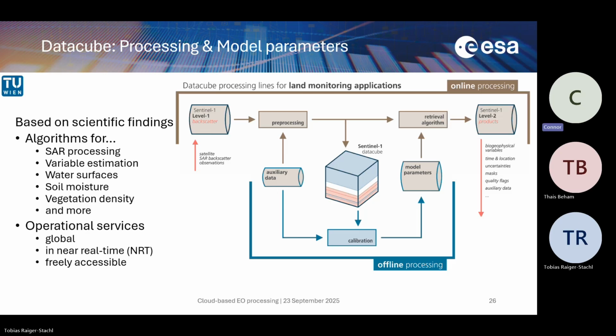And then we obtain a level 2 product. In the background we use offline processed data that we use also to calibrate, for example, our algorithm. Mostly they are Sentinel-1 modeled parameters. And normally our services run at a global scale and near real time, and are freely accessible. So next one, please.